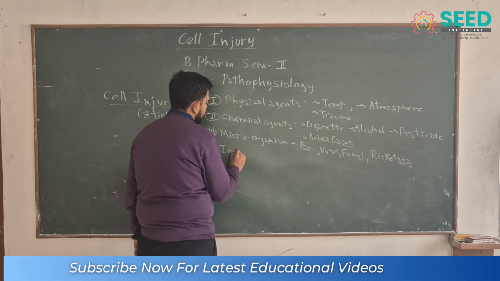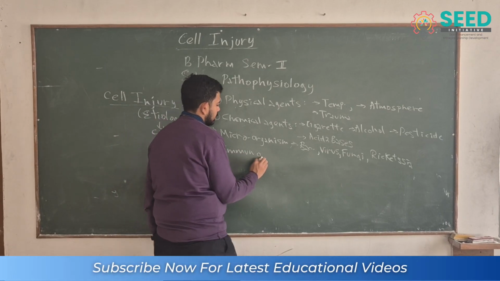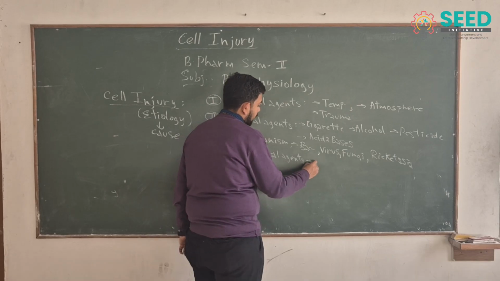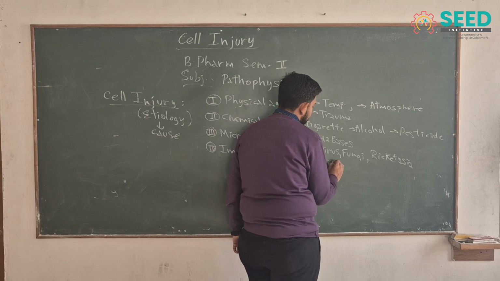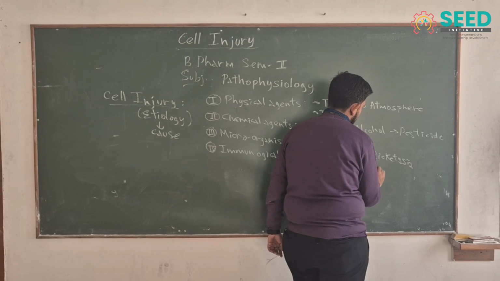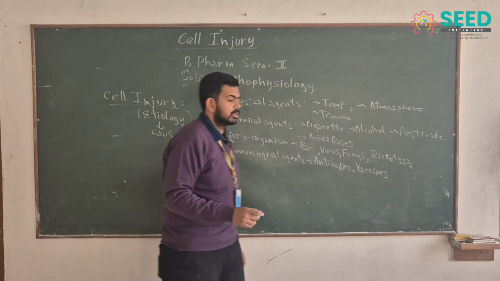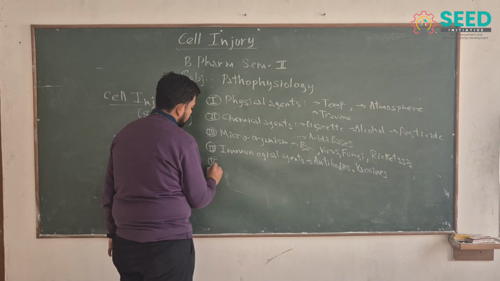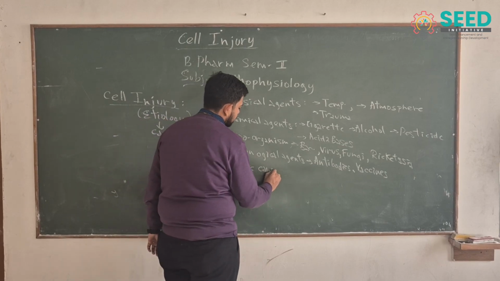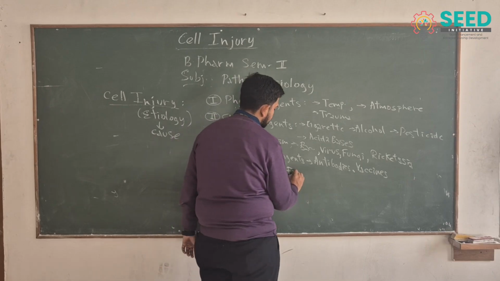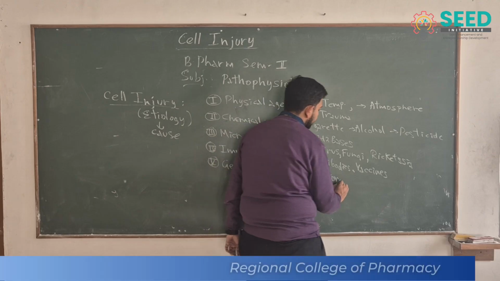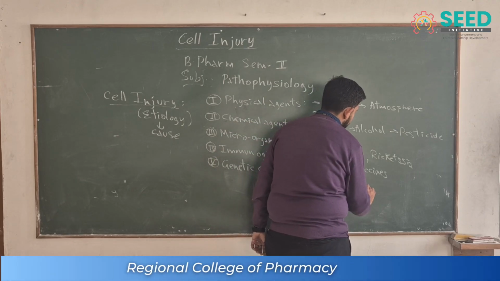Next is immunological agents. Like antibodies, vaccines, and other things. Next is genetic causes, which includes family history or any other mutation.